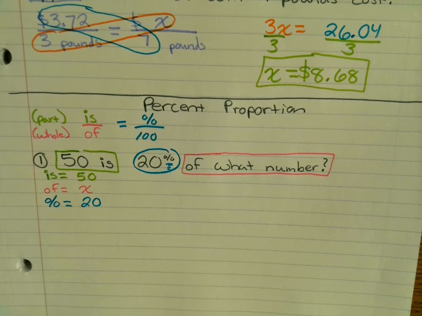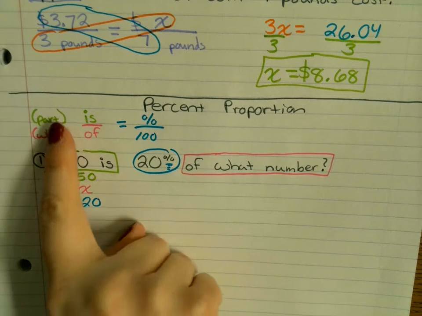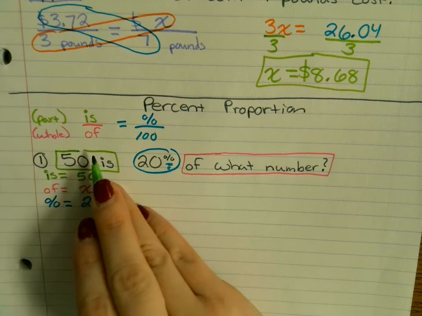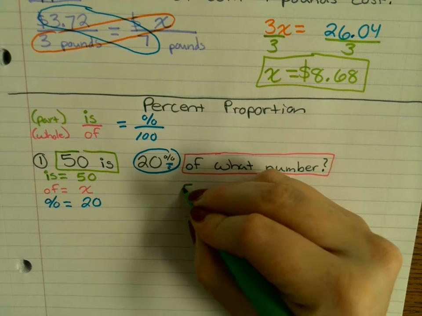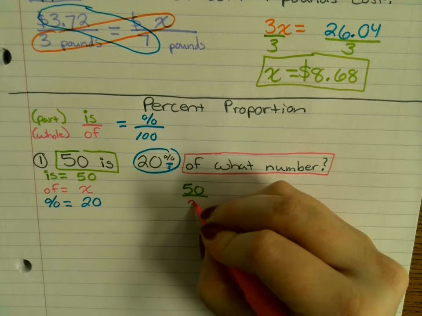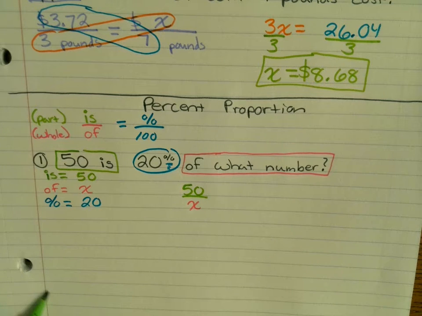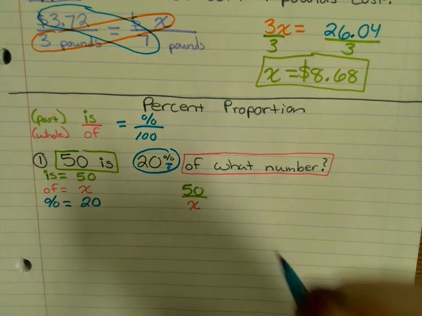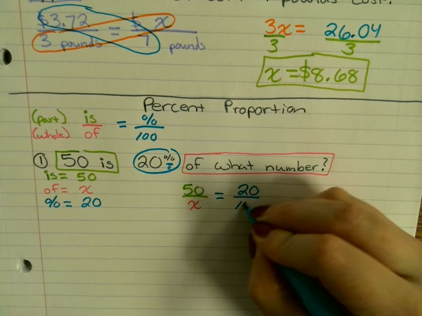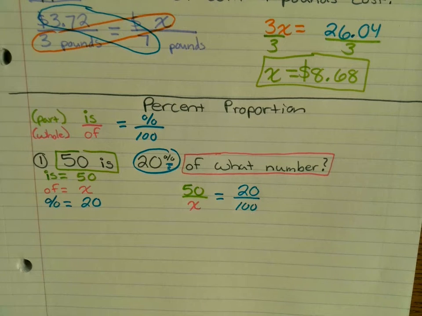Then I just set it up in my proportion. My proportion is over of, so I'm going to put 50 over X, and it equals the percent over 100, so I'm going to put equals 20 over 100. Then we just solve. We use our cross product to solve it.